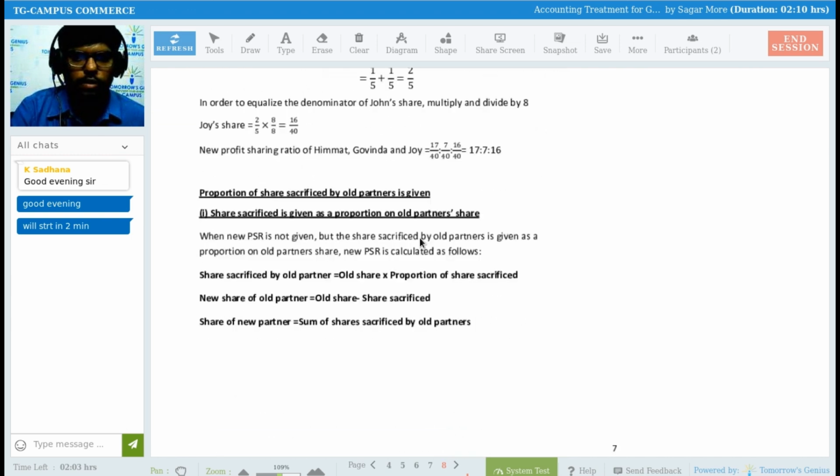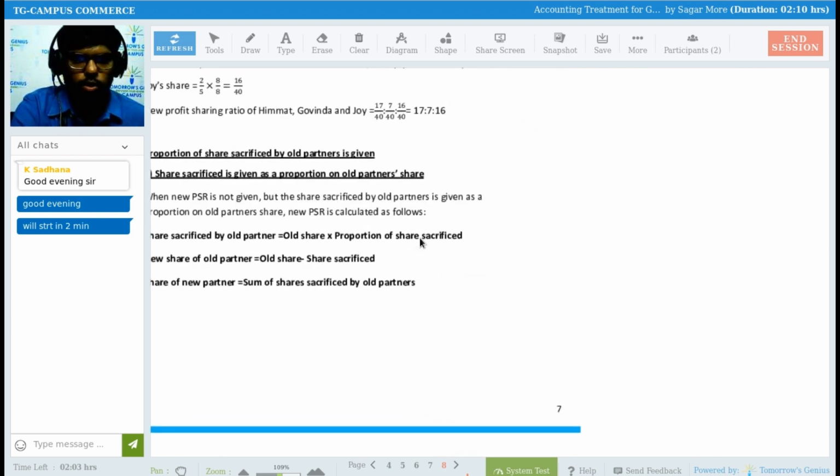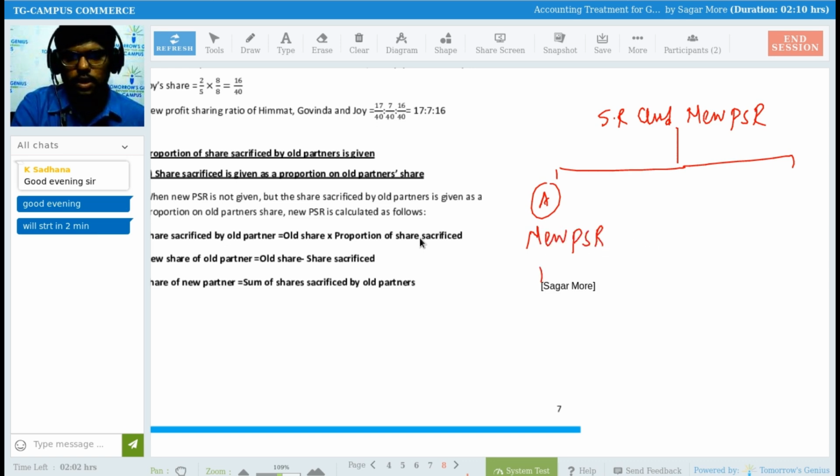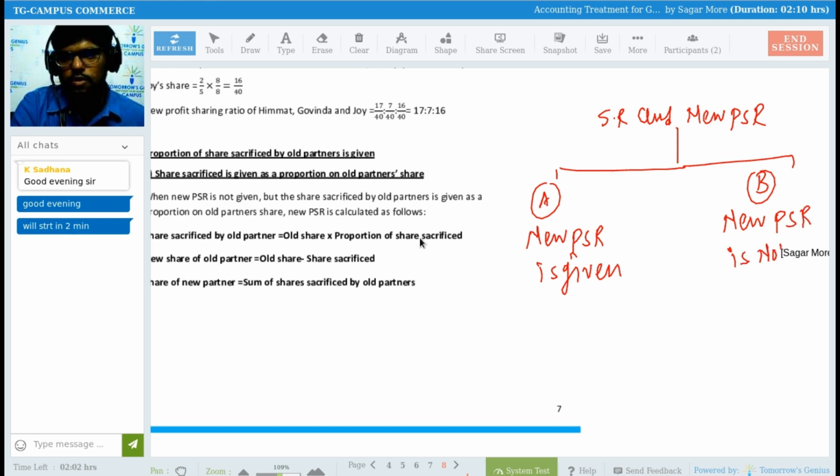See, once again I'm repeating, we are here to calculate the sacrifice ratio and the new profit sharing ratio. First of all, we divided this into two categories: first, when new PSR is given, and secondly, when new PSR is not given, right?